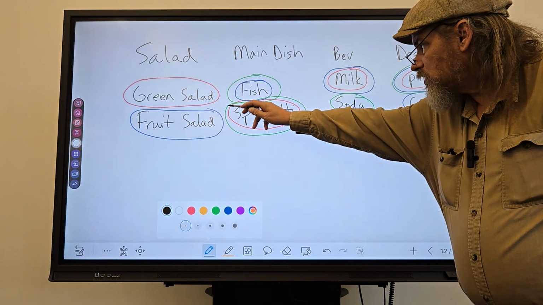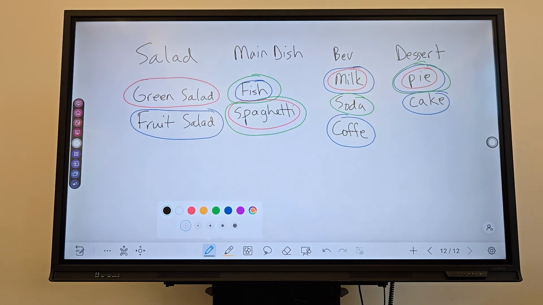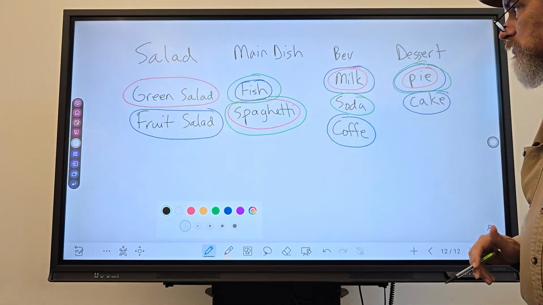Yeah, the red one chose one item from every station. And how about every student chose at least one item from every station? No, green didn't take from the salad station.